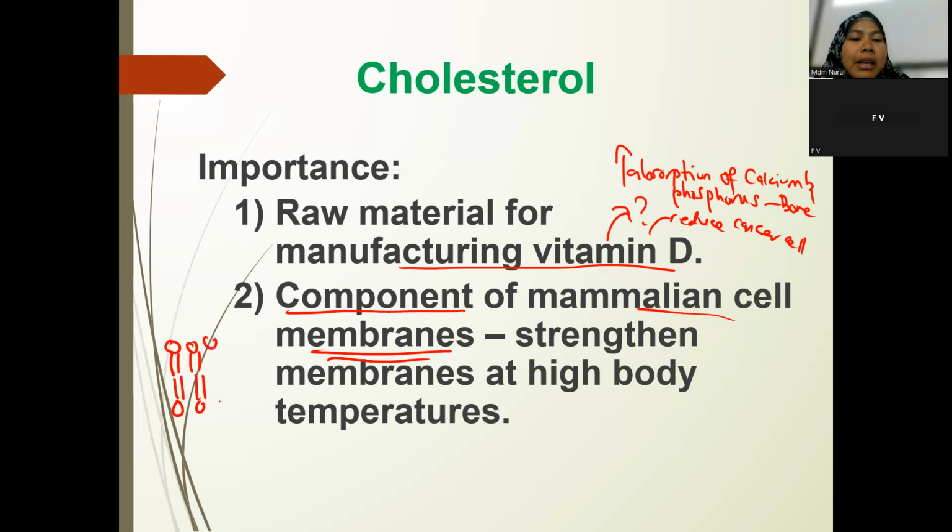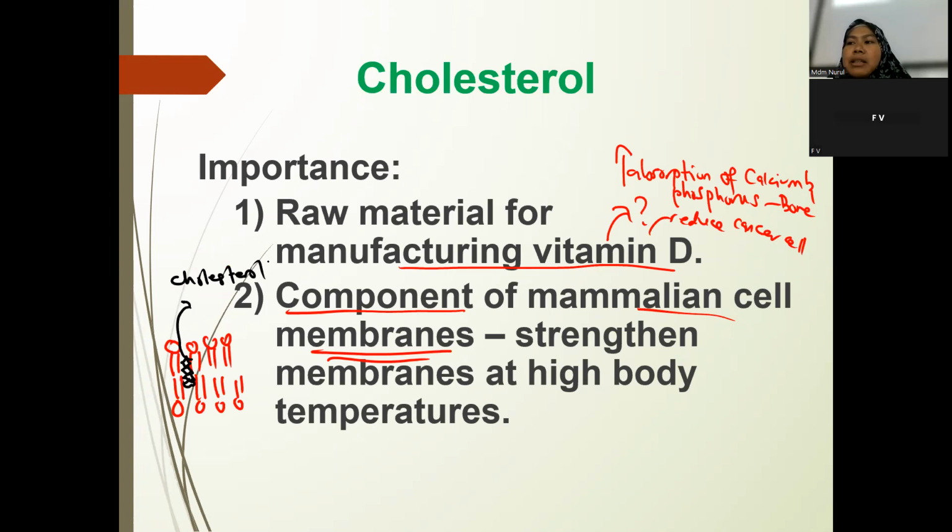Dekat component of this plasma membrane, it has cholesterol. Dekat celah-celah ni ada struktur kolesterol. Bentuk ada 4 ring. Nanti kita belajar chapter 4. Dia akan nampak ada 4 fused ring in between of the plasma membrane. So ini adalah cholesterol.